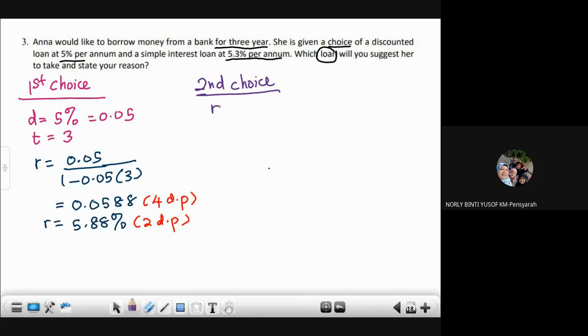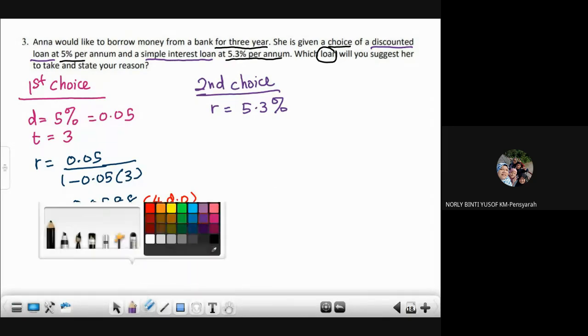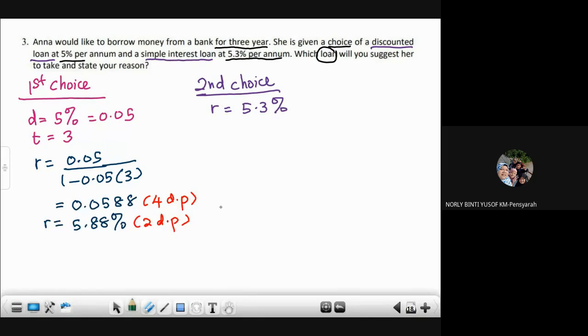So that is considered as you punya R. Macam tadi dia bagi discounted loan, tu bezalah, that is D. Dan ni terus dia bagi simple interest loan R lah. So tak perlu kira. Tapi perlu tahu mana lagi best choice.